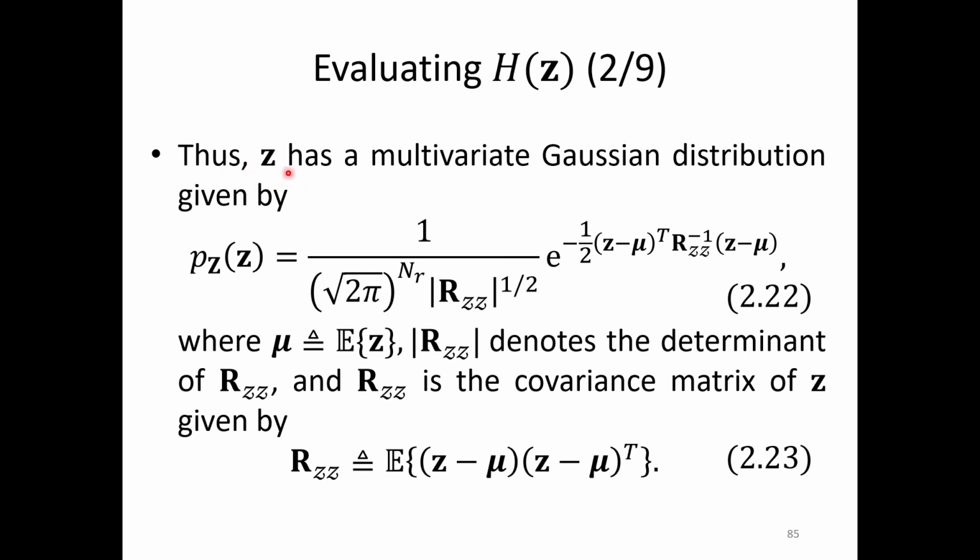Thus Z has a multivariate Gaussian distribution given by this equation. I do not know if you have seen this equation before. If you have seen this equation before, that is good. If you have not seen this before, let me teach you now.